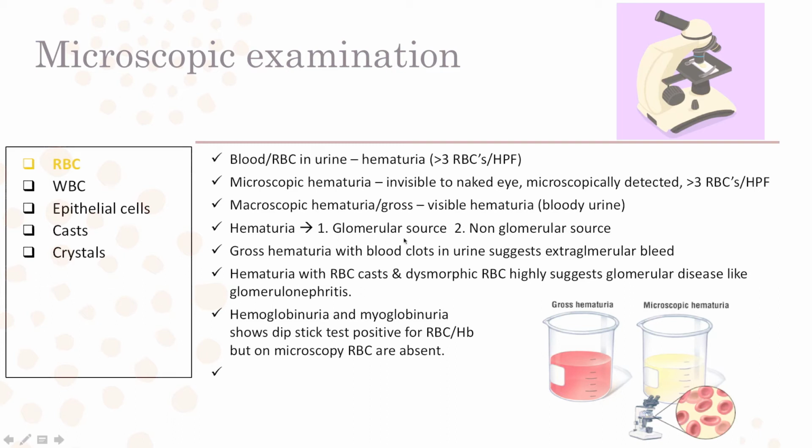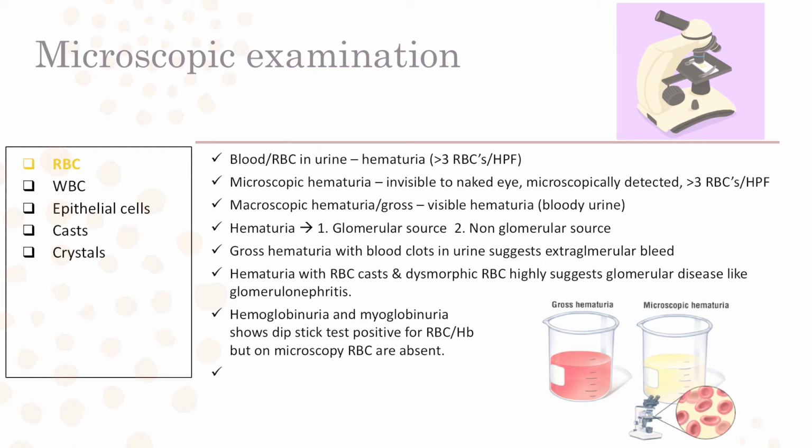So hematuria, the blood or RBCs in the urine, could have 2 sources. First is glomerular, where the blood might be coming from the glomeruli, and the other is non-glomerular source, for example DCT, PCT or interstitial cells, or the urethra, ureters, or the bladder, that is, everything else is a non-glomerular source.